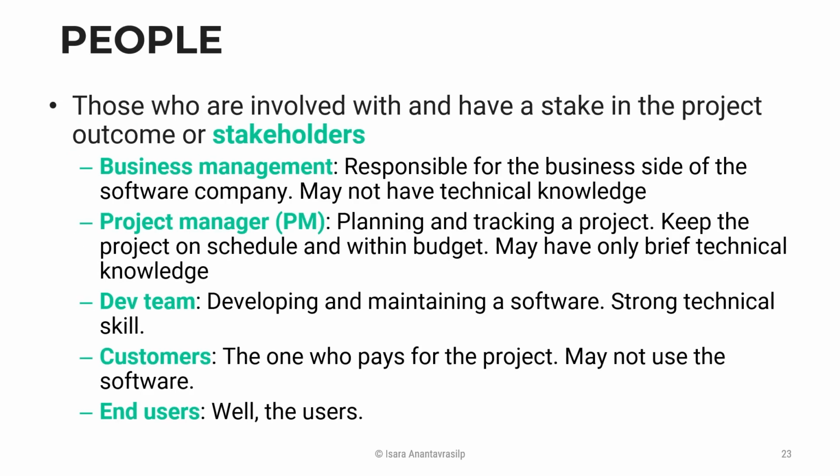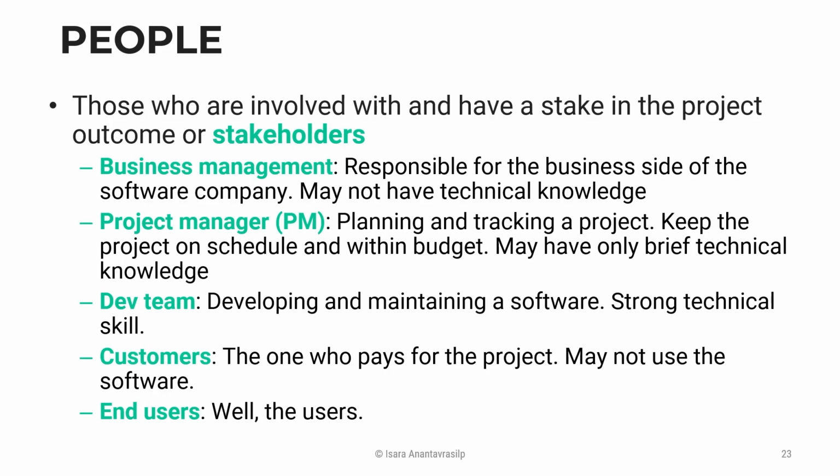So let's have a look in detail at what these 4 P's are about. First, the people. These are the ones that are involved and have some stake in the project. That's why we call them the stakeholders. First, there is the business people, business management. They are responsible for the business side of the project or your software company.